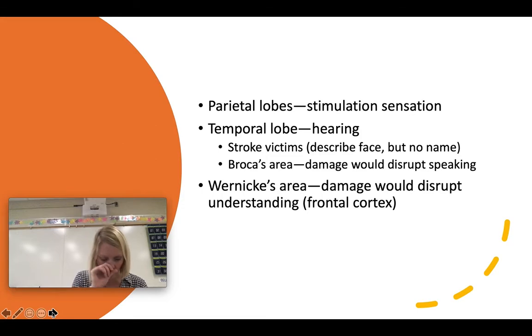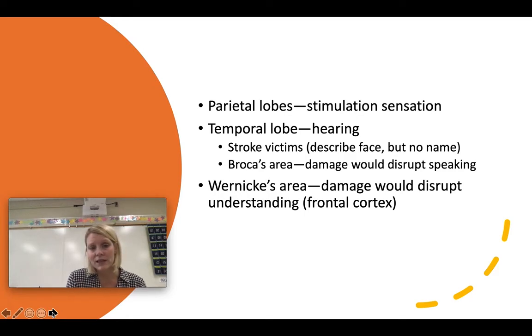The temporal lobe. We know if we have damage in our temporal lobe, especially in things like a stroke, that's where we see it the most. Obviously, if we have damage, we might lose our sense of hearing to an extent. We'll talk a lot about the types of hearing loss later.